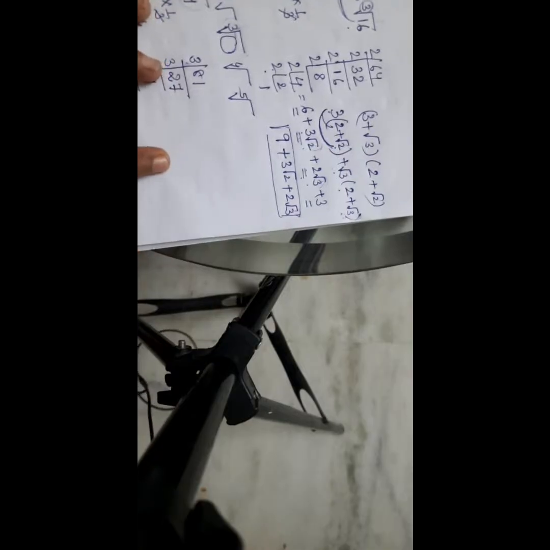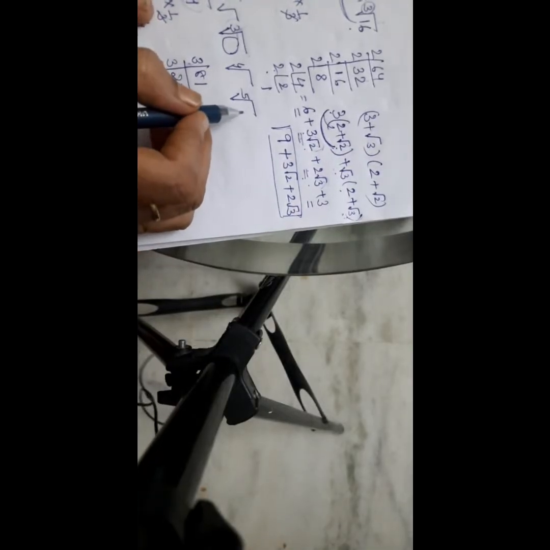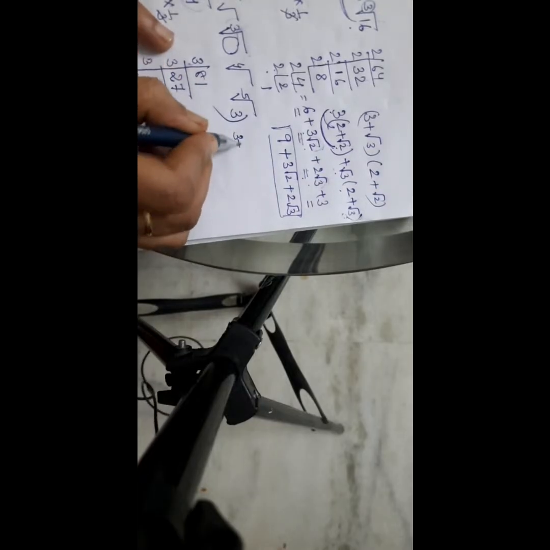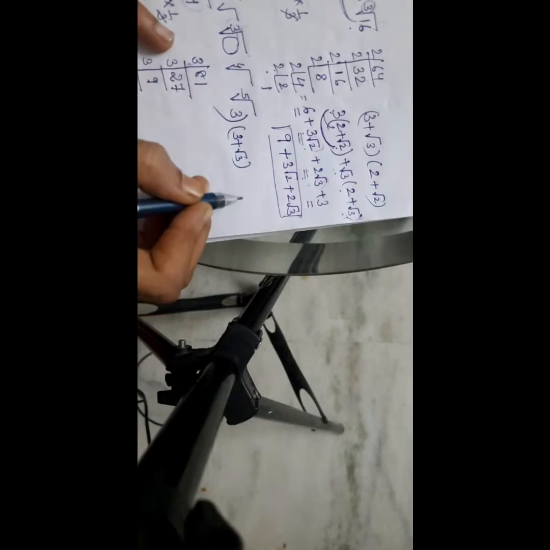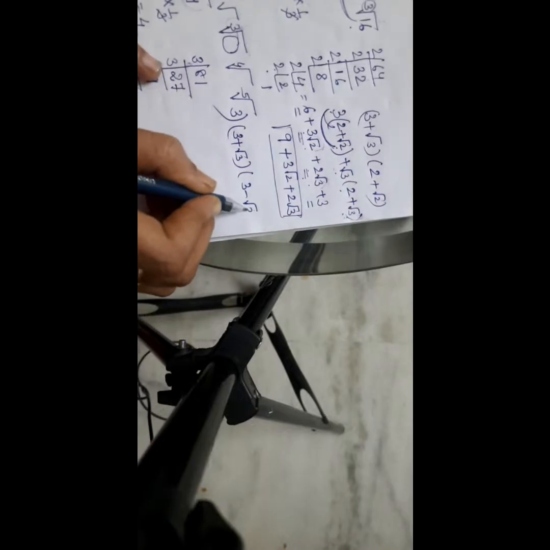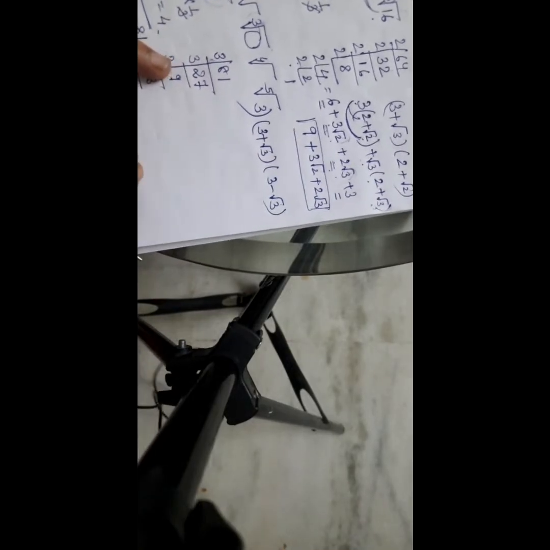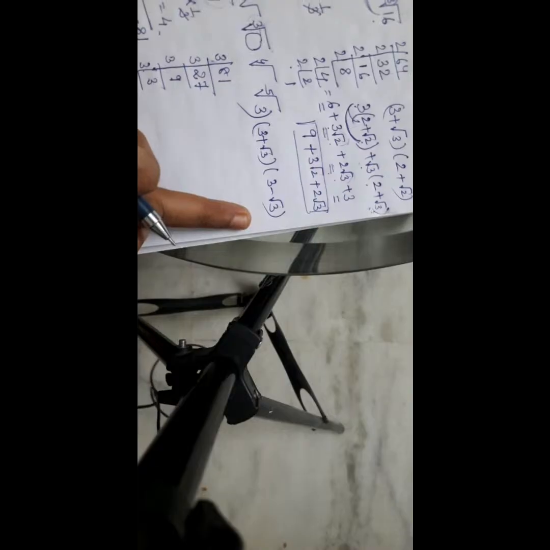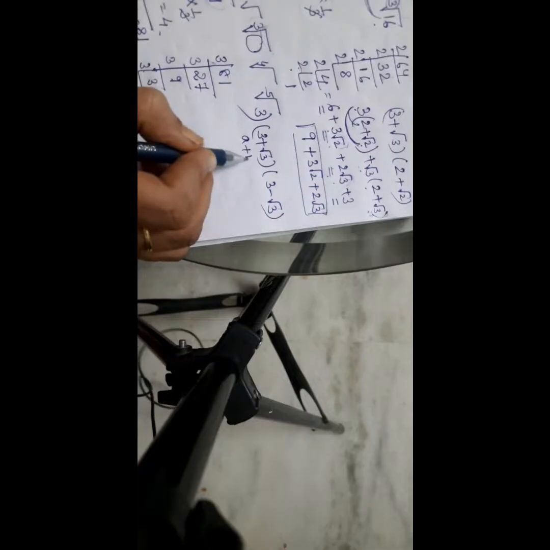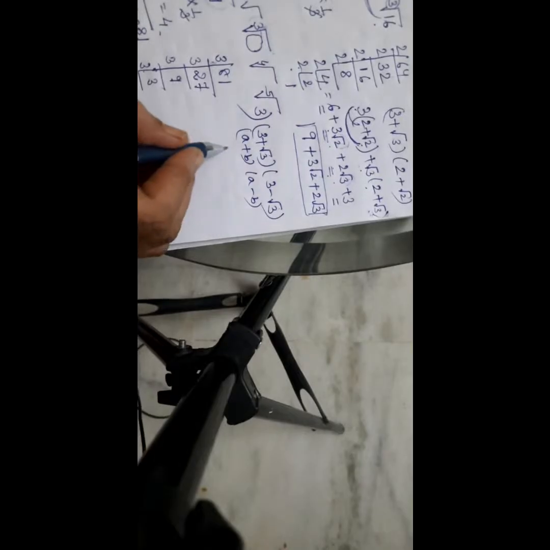Let's move on with the next question, one more question. Here it is 3 plus root 3 and 3 minus root 3. Mostly in your chapter, you are going to get questions of this type. This is the a plus b and a minus b identity. A plus b times a minus b we can write as a square minus b square.